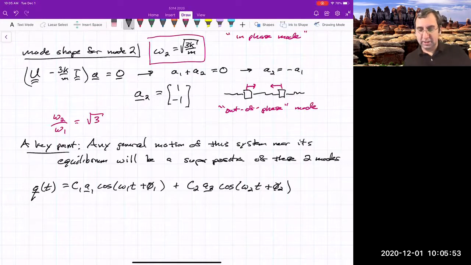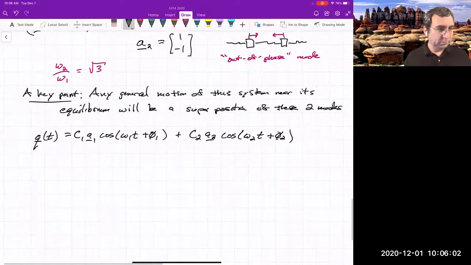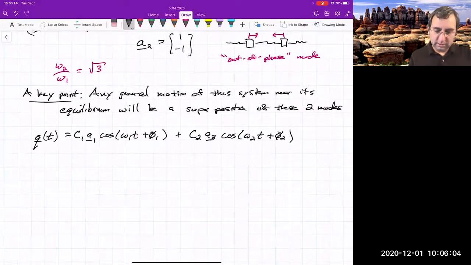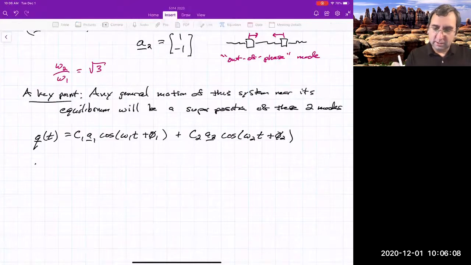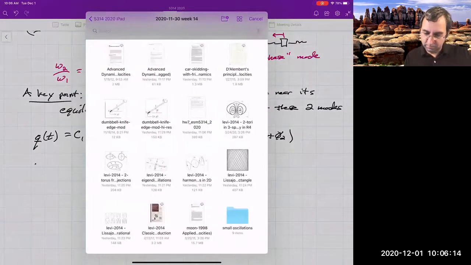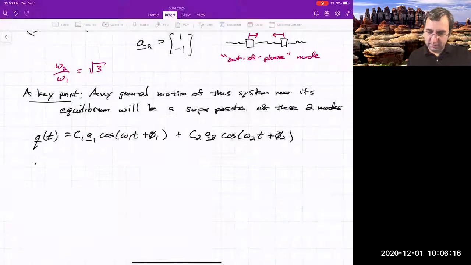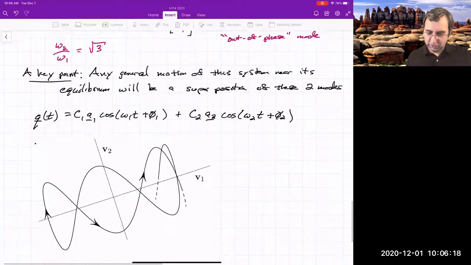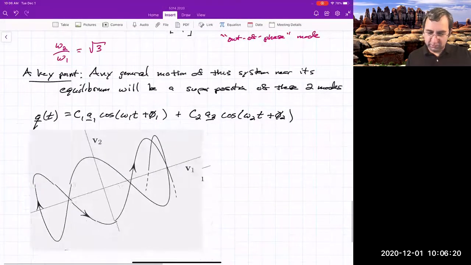So it looks like the sum of two sinusoids, but with different frequencies. What will that motion look like? I'll show you. Let's go back here. This just shows what the general motion would look like for a little while.